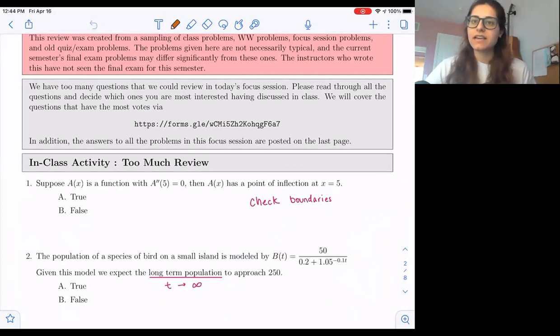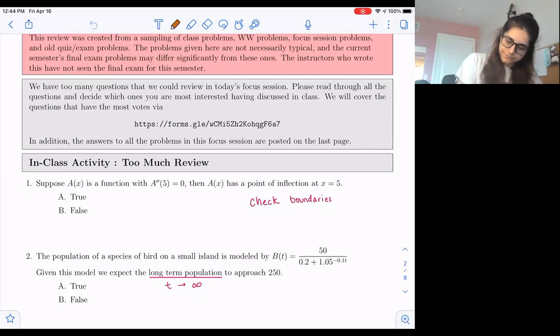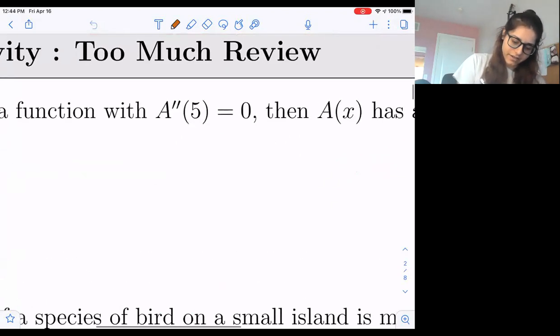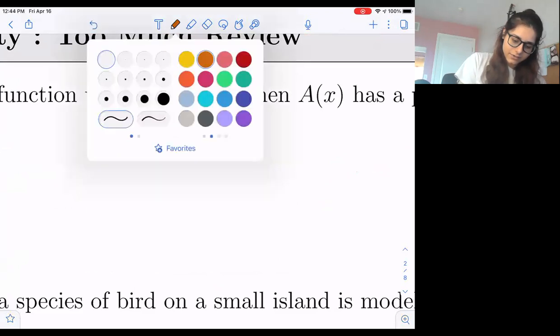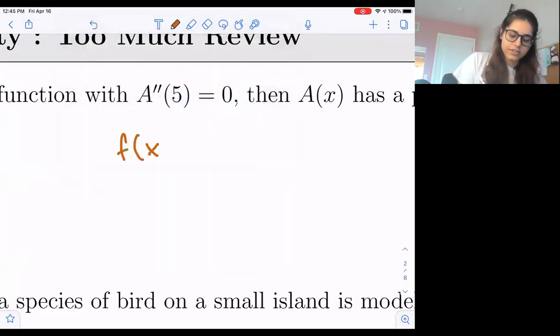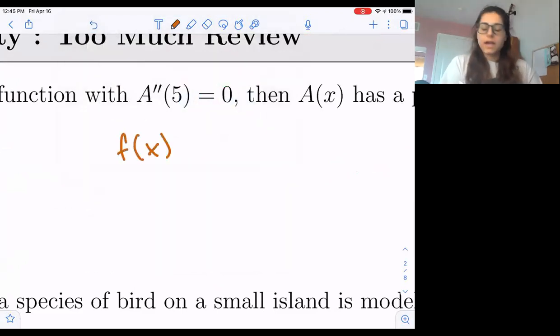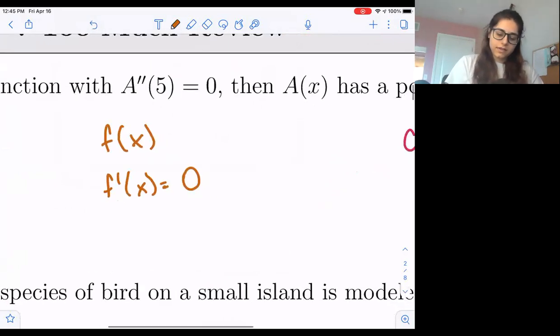Okay, so suppose f of x is a function with f double prime of 5 equals 0, then f of x has a point of inflection at x equals 5. Well, if you remember, if we have a function f of x, when f prime of x equals 0, we think critical points.